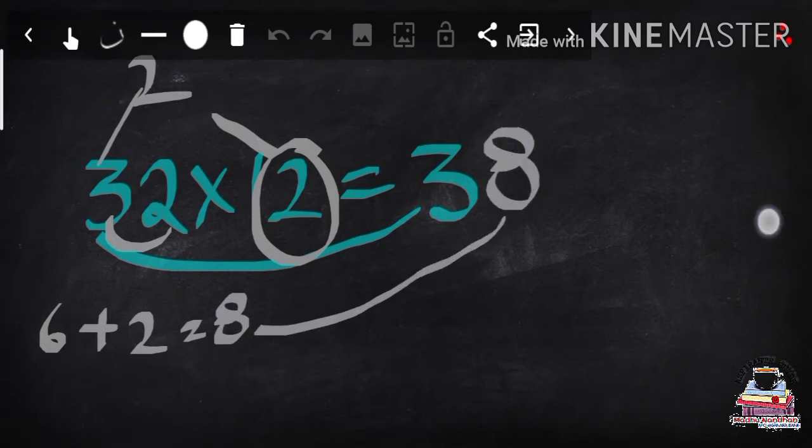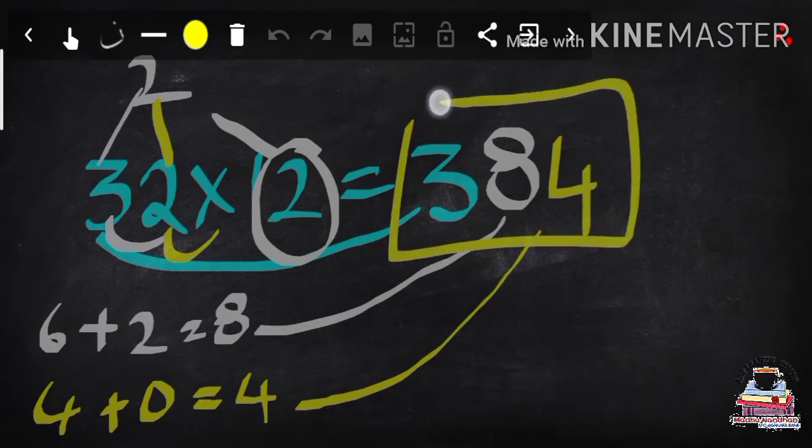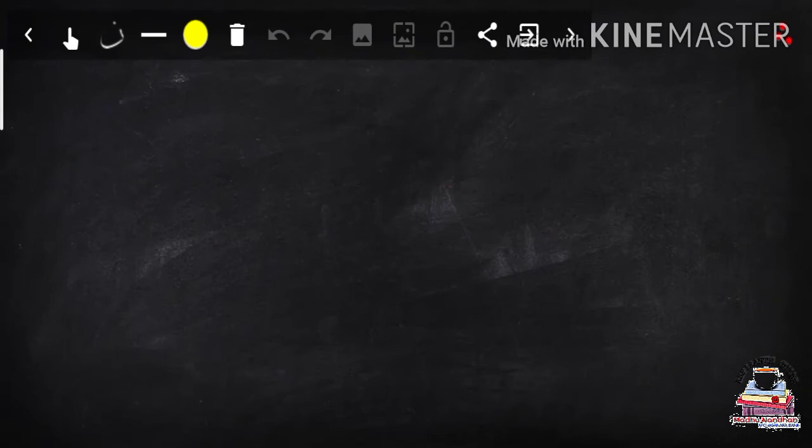So 6 plus 2 is equal to 8. To get remaining digits, just simply multiply 2 with second digit of the given number, that is 2, so that we got 4. And as there is no number after 2, just take 0. And here is our answer for 32 into 12, that is 384.